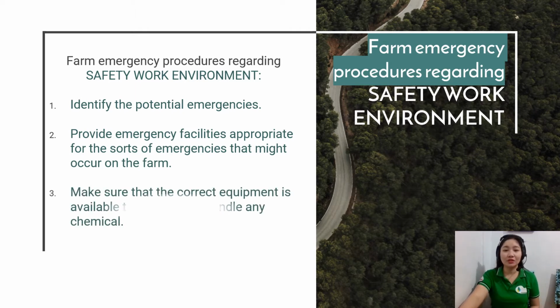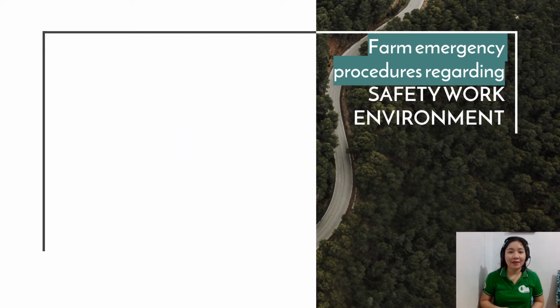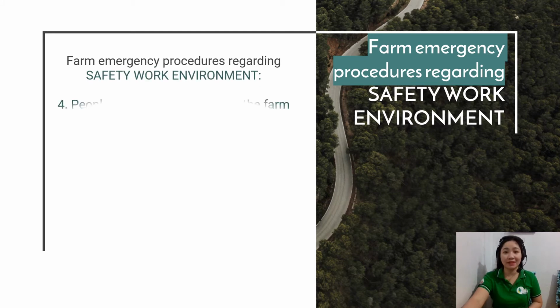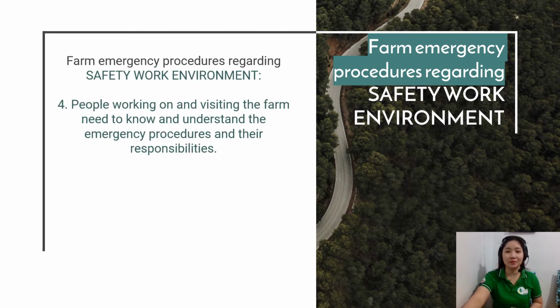Next, we have to make sure that the correct equipment is available to contain and handle any chemical or other dangerous material spills that might happen. Class, help minimize the risk of personal injury or property damage in the event of an emergency. Meaning people working on and visiting the farm need to know and understand the emergency procedures and their responsibilities.